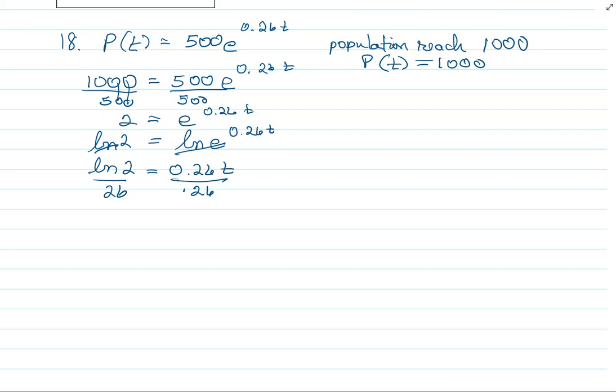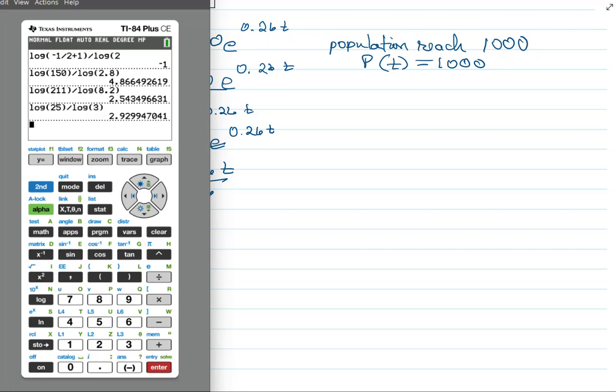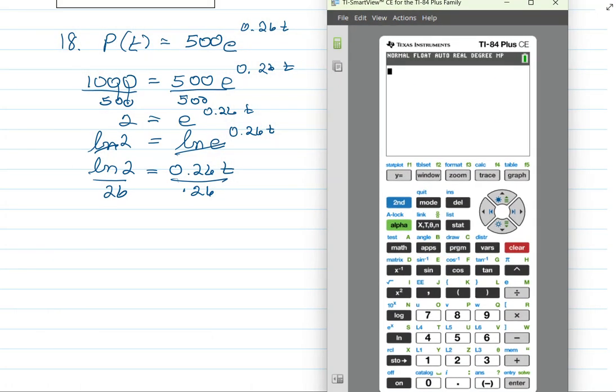And this is an approximation. So we're going to use our calculator to come up with an answer. ln of 2, make sure you close the argument, divided by 2600, and I know you see the decimal.